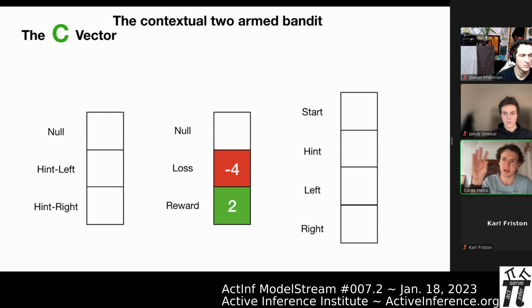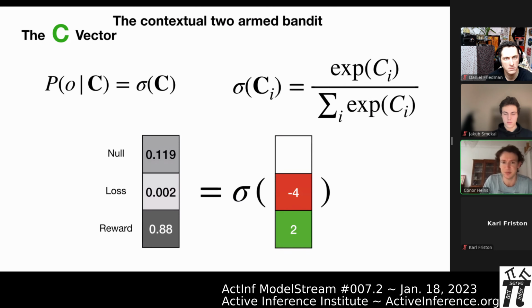So we can encode punishment by having the prior expectation about loss be much lower in relative log, in nats, natural log units, much lower than the reward observation within that modality. And then the other ones are just going to be uniform distributions, so you can leave them empty. And this is just what allows them to want to see reward as opposed to loss or punishment.